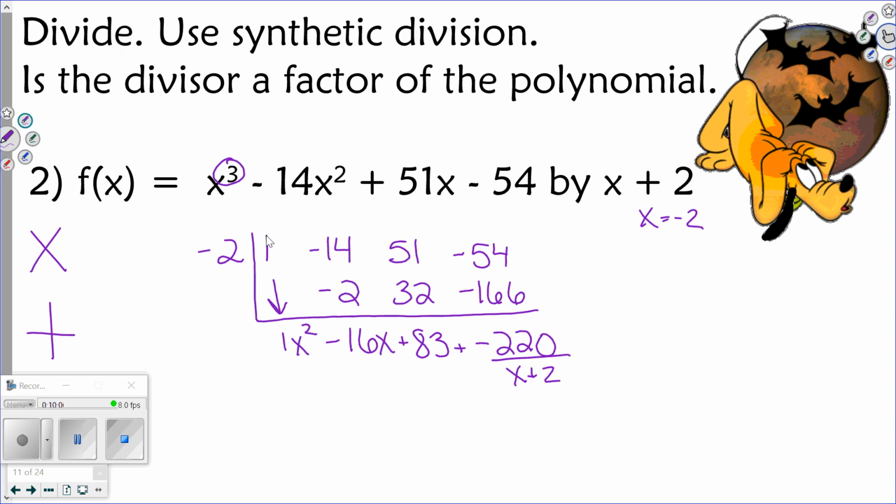Okay. How are we doing so far? Doing all right? The remainder part? Plus or minus. Adding, subtracting, they're the same idea.